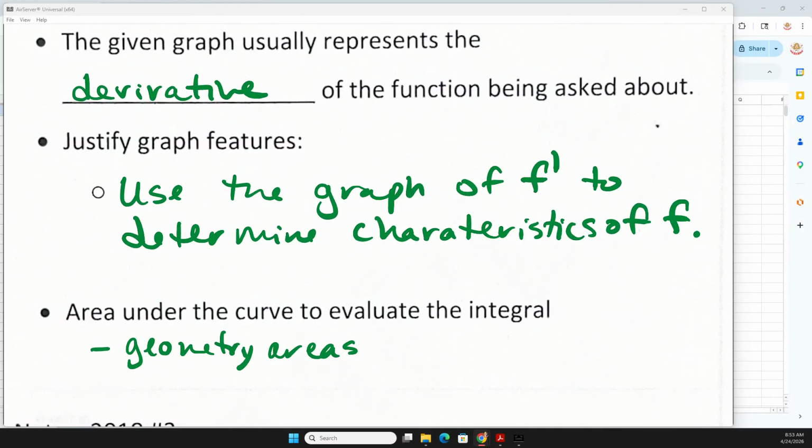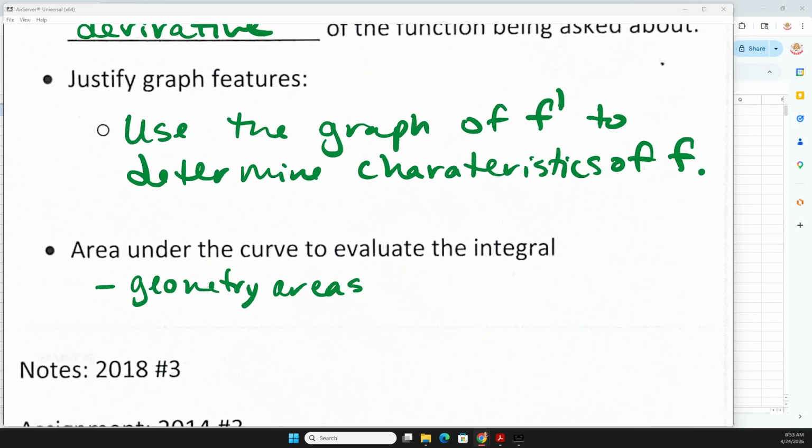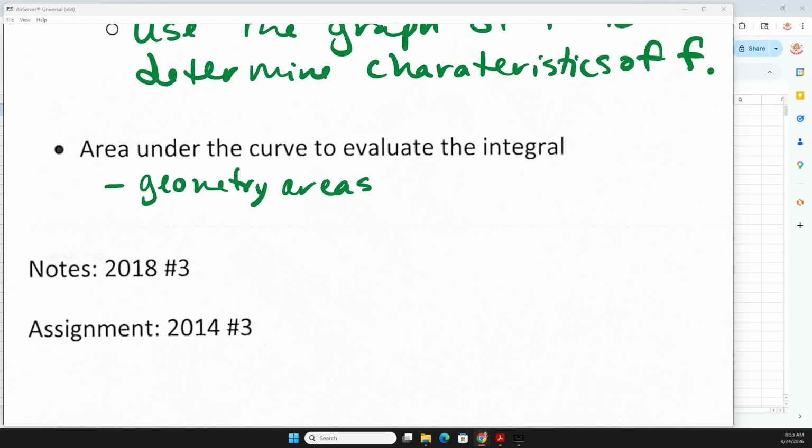If you know a trapezoid, well, we are going to need to know trapezoid for another thing that we're going to do. But if you know trapezoid, it might save you some time, but I think you guys are going to be fine on those areas. Okay, so we are going to do 2018 number 3 together, and then you guys are going to do 2014 number 3.